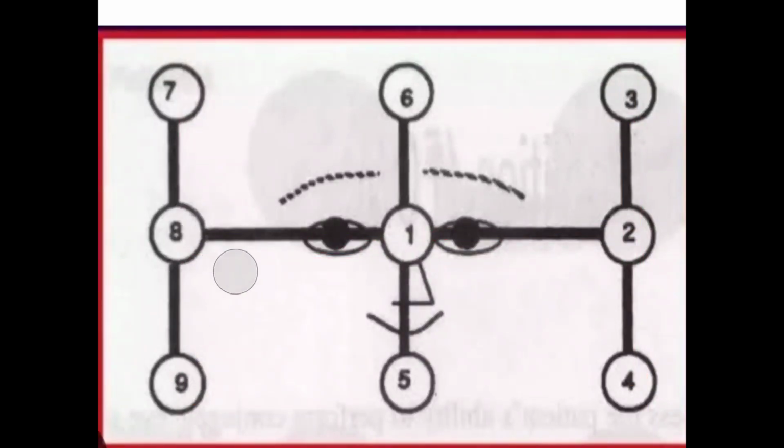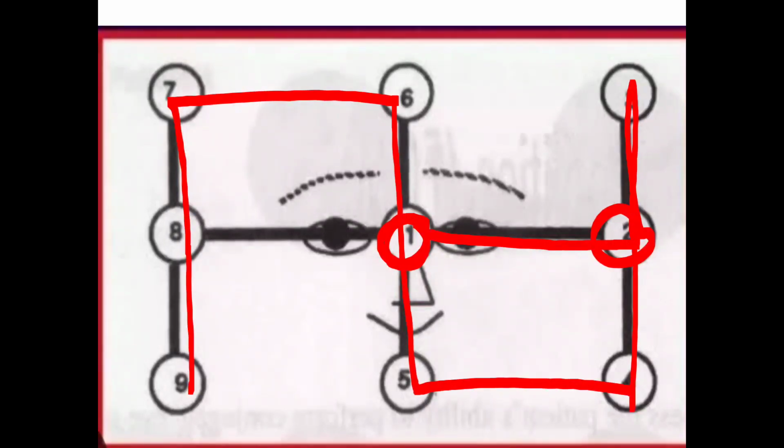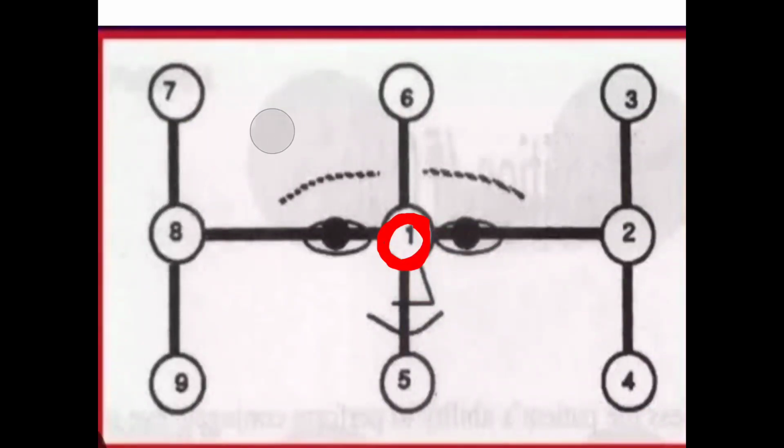Now the examiner has to move the torchlight in different directions. First of all, he will keep the torch here at 1 and then move to 2, then 3, then 4, then 5, 6, 7, 8 and then 9. He can perform the test one time, two times, as many times as he has to, so that he can understand whether the extraocular muscles are performing the movements properly or not.